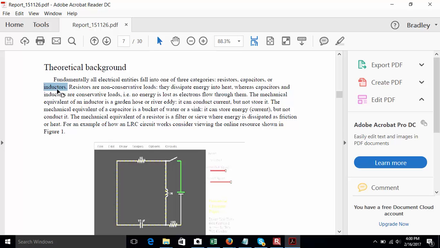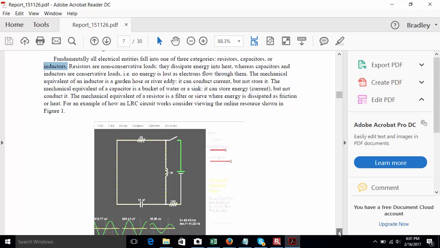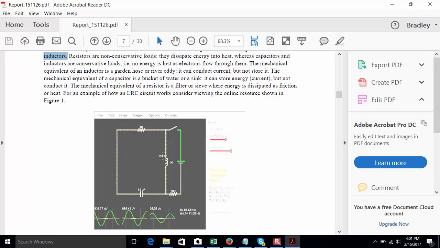That's just the physics and the reality. What we see here is an LRC circuit. L is inductance, R is resistance, C is capacitance.